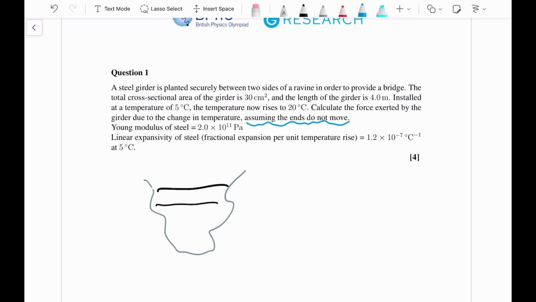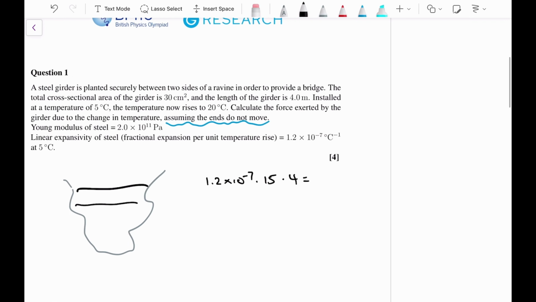Okay, so first of all, we have to find the change in length. In order to do this, we first have to find the fractional expansion. So that is 1.2 times 10 to the negative 7 times the change in temperature, which is 15 degrees Celsius. And then because this is only the fractional expansion, we have to multiply it by the actual length of the bridge.